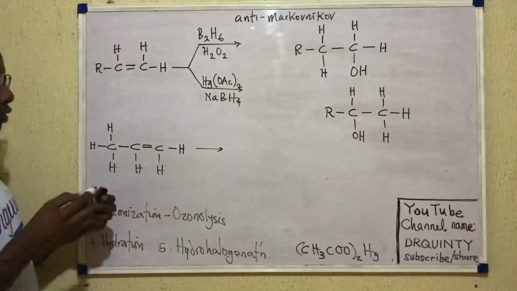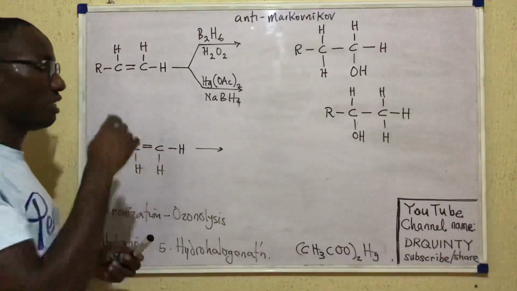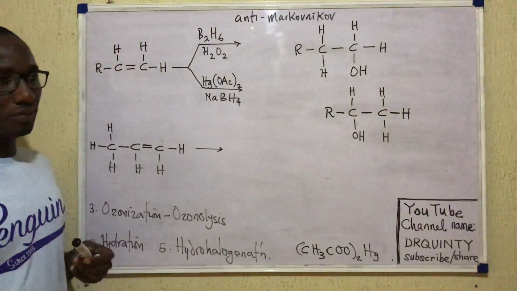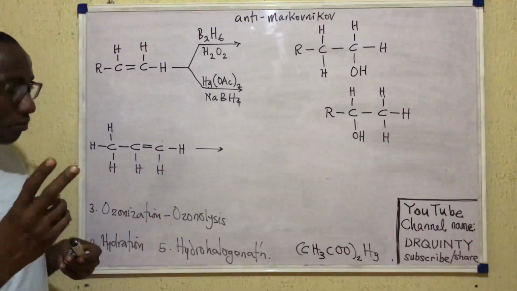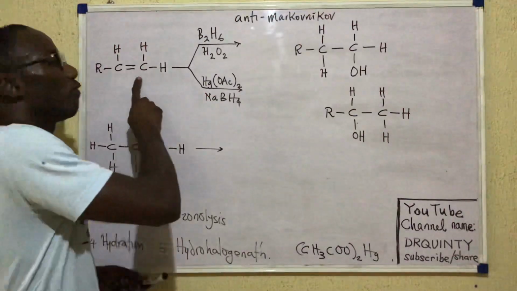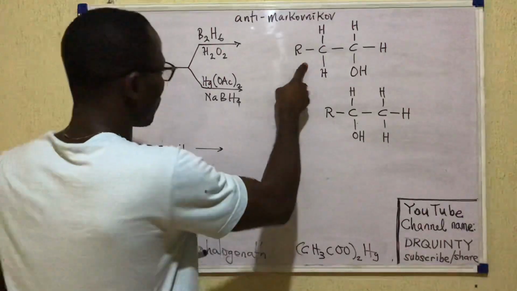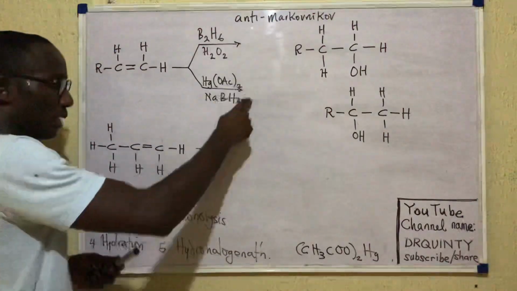But I'd like to tell you two more things before I leave these reactions. Those two things include, first, that before reaching these final products, there are intermediate products we get.